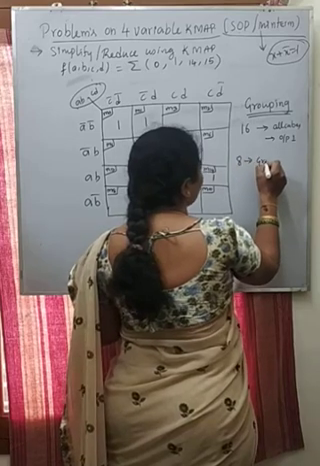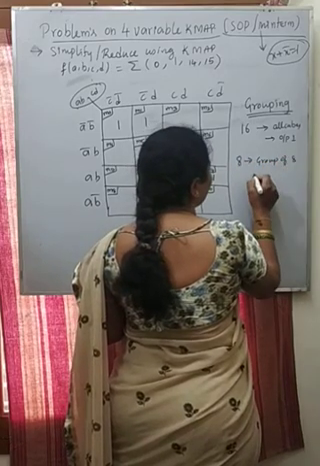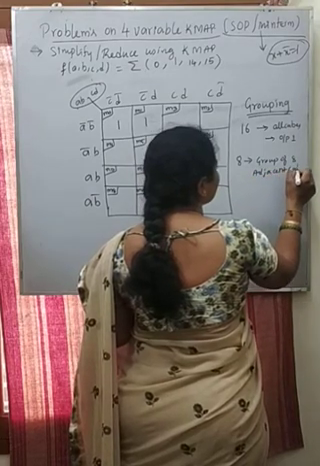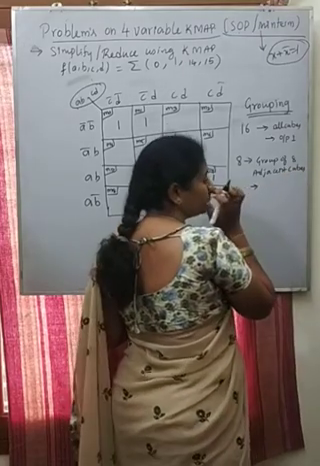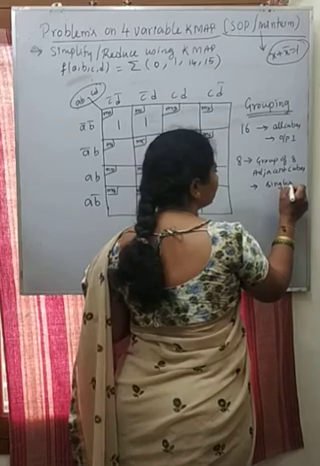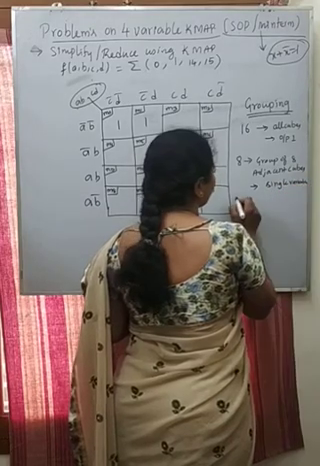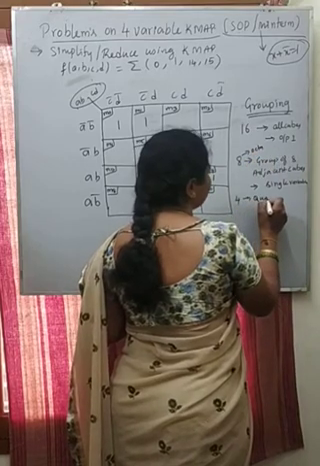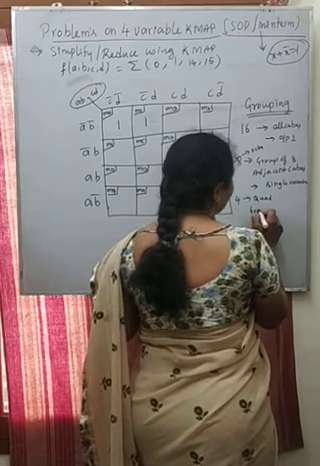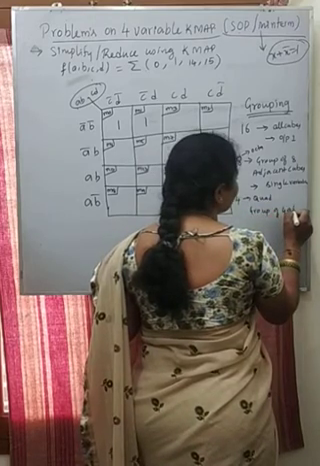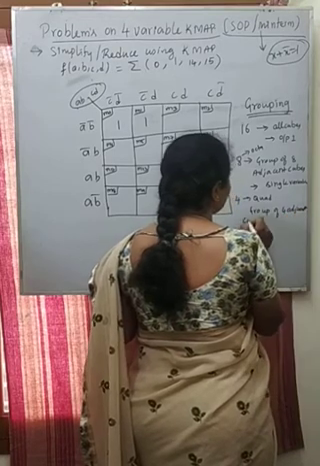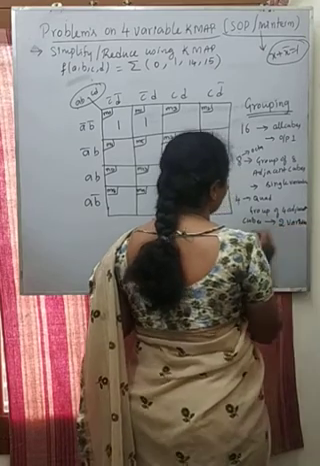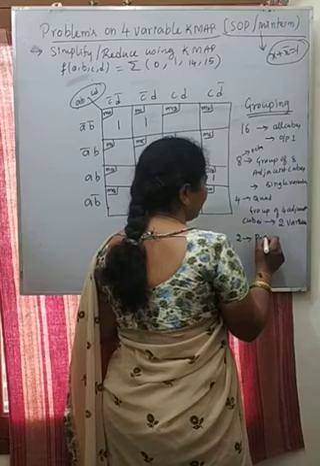A group of 8 adjacent cells gives you a single variable. 8 means octet, 4 means quad. A group of 4 adjacent cubes gives you a 2 variable reduced format. 2 means pair.